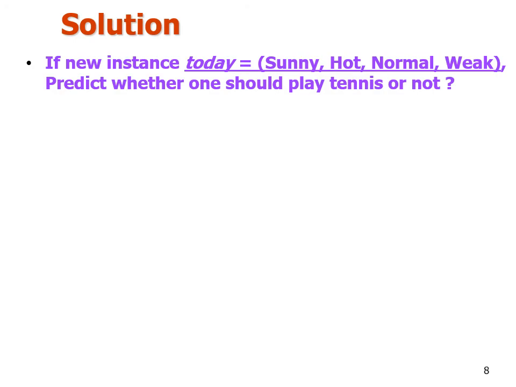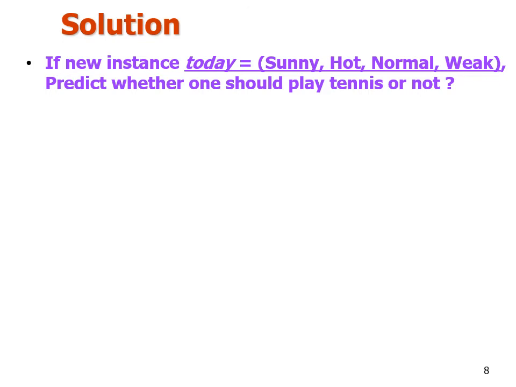If a new instance today is given with 4 values: sunny, hot, normal and weak, then predict whether one should play tennis or not.